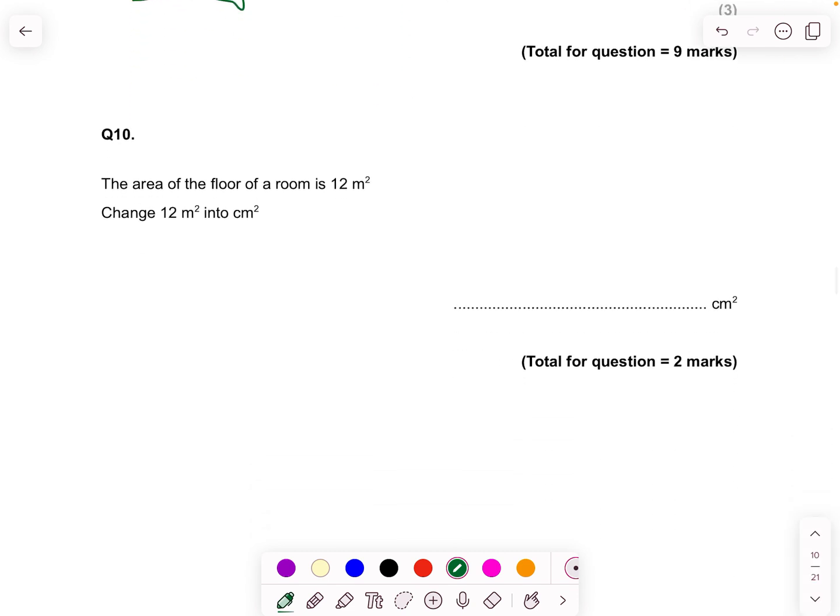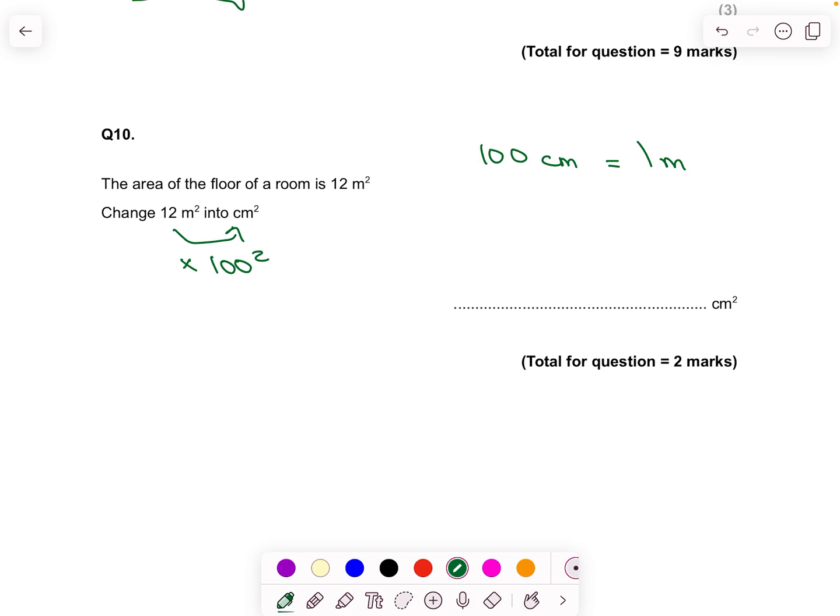Okay, here we are changing from metres squared into centimetres squared. Now remember, there are 100 centimetres in 1 metre. If we were going from metres into centimetres, we would times by 100, but it's metres squared into centimetres squared, so we're going to times by 100 squared.